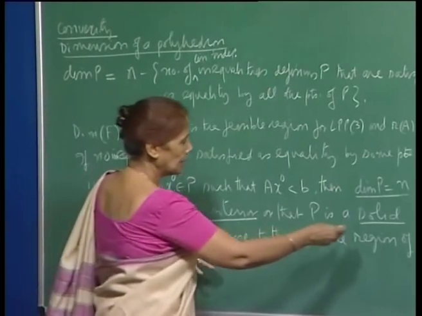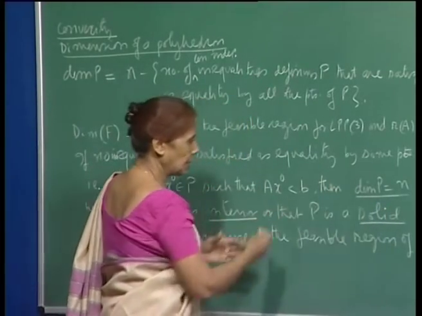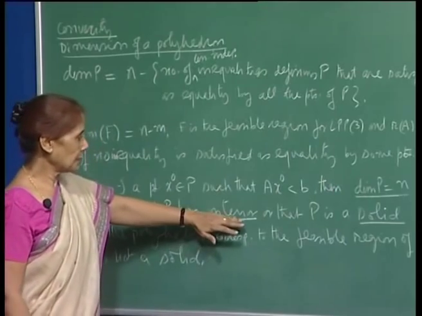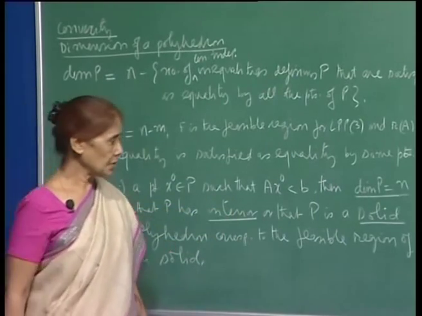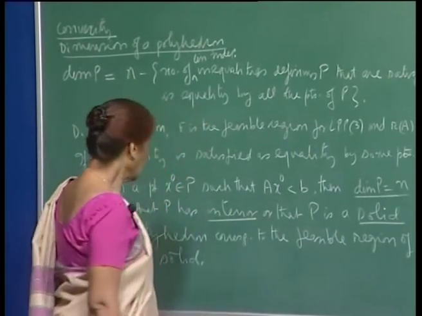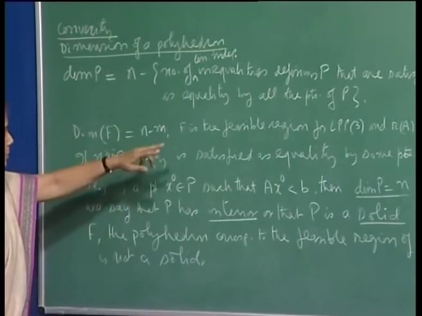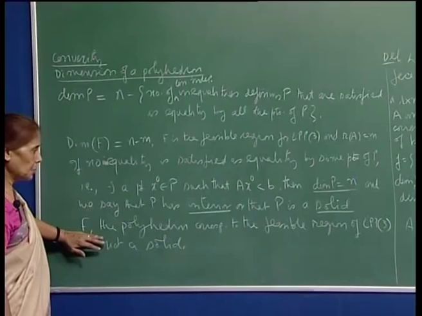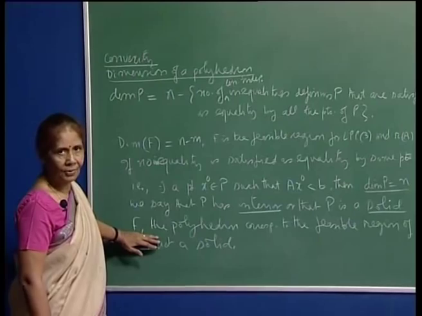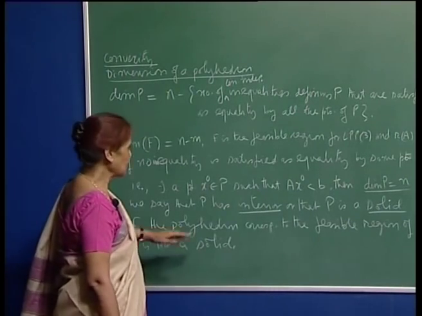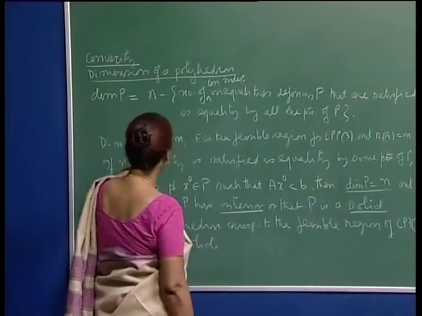These are different concepts which mean the same thing: we say that P is solid because it has dimension n, or it has an interior. Now for the LPP3, your feasible region is not solid, because its dimension is n minus m.